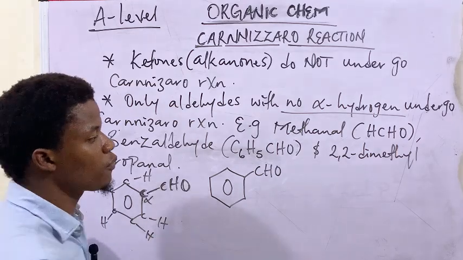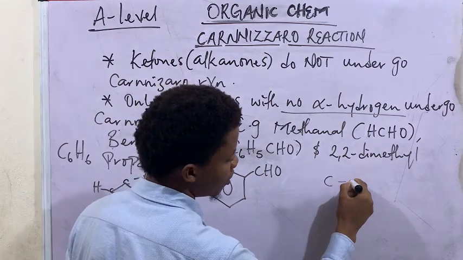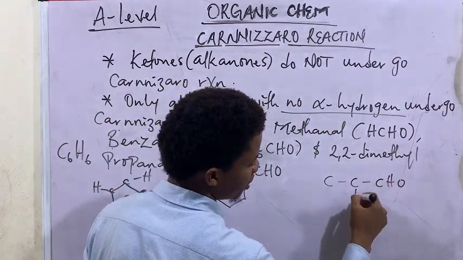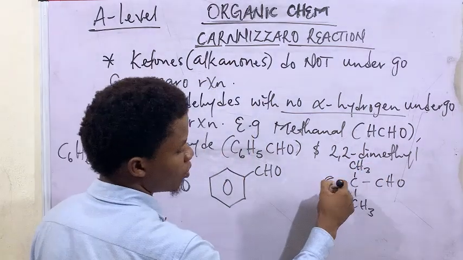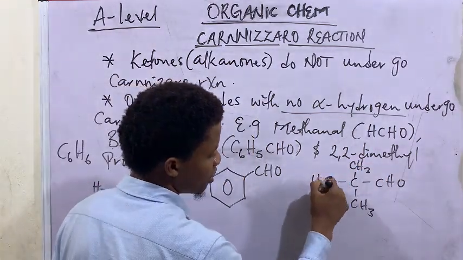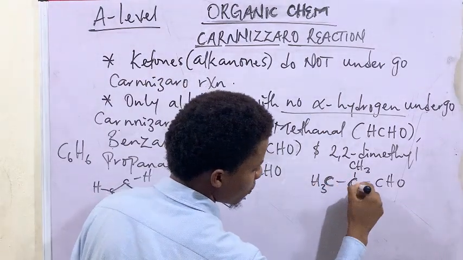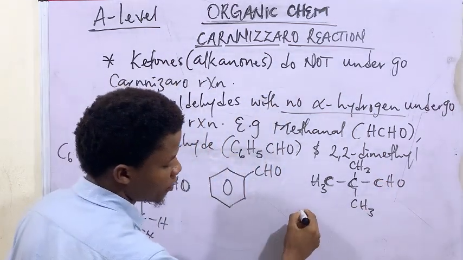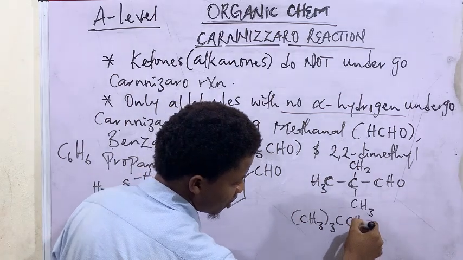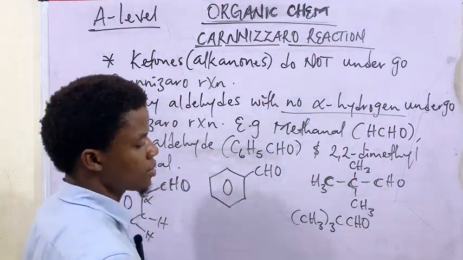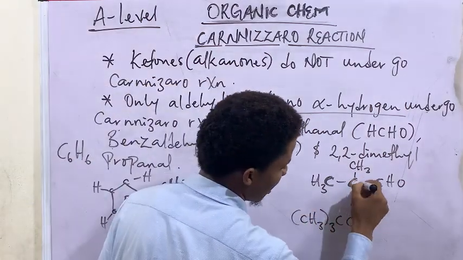Is that clear? Now let us look at 2,2-dimethylpropanal. So we have carbon 1, carbon 2, CHO, then CH3, then CH3, then CH3. This can also be written as (CH3)3CCHO.